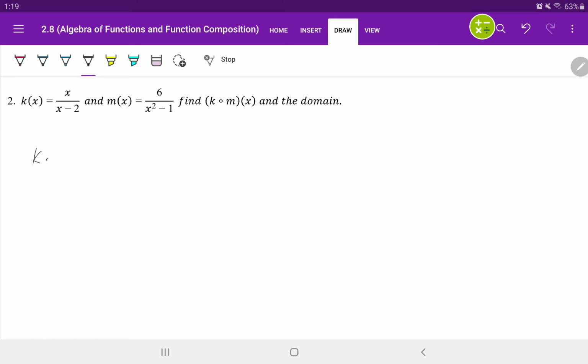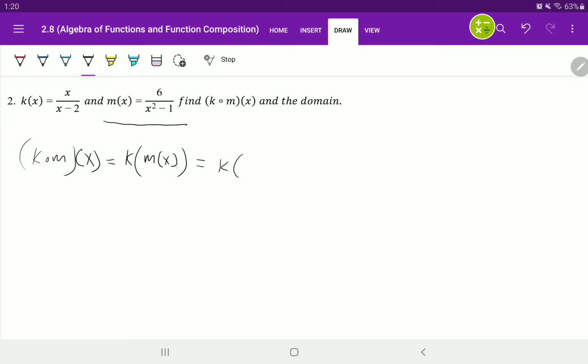So k of m of x. Now remember, there's no value for x in this case, so I can't evaluate anything. But what I can do is, I know, based on this, that m of x equals 6 divided by x squared minus 1.